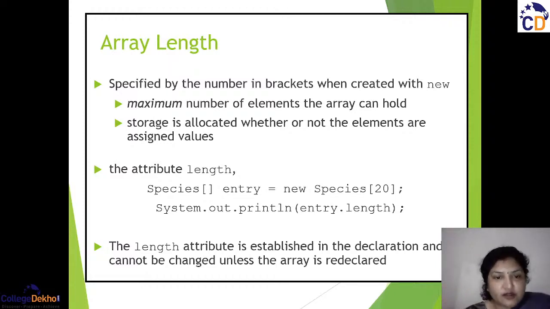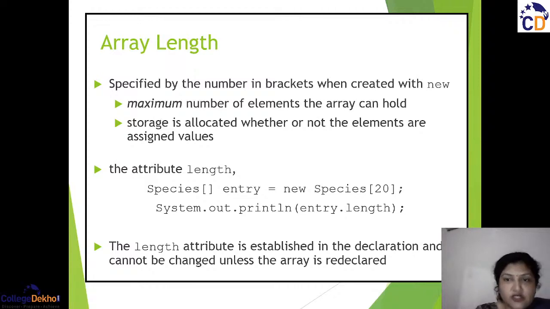allocate the space, right? The length attribute is established in the declaration and cannot be changed unless the array is redeclared. So suppose you have declared it with 20 elements, you cannot change it. Why? Because you have defined the array, that is entry, and the length of this array is 20.